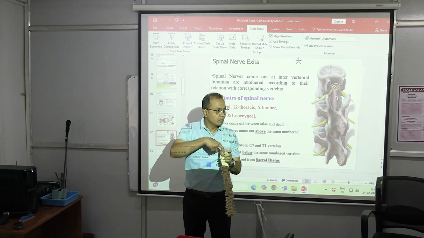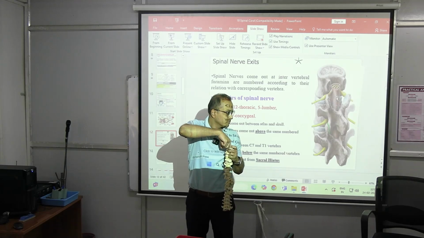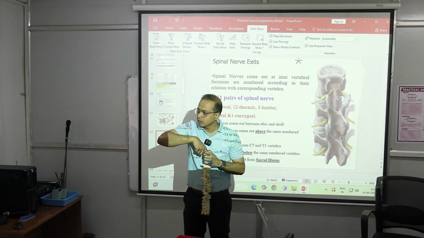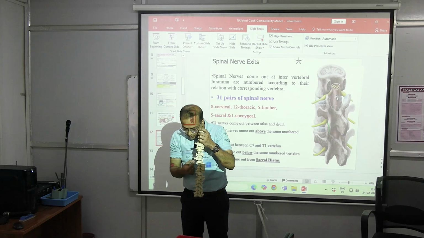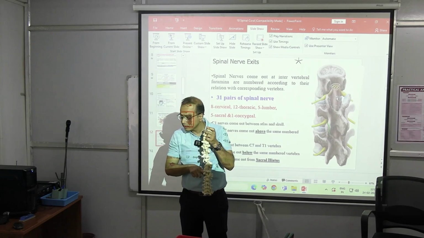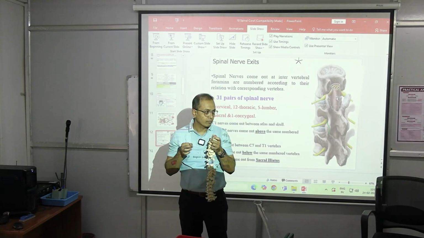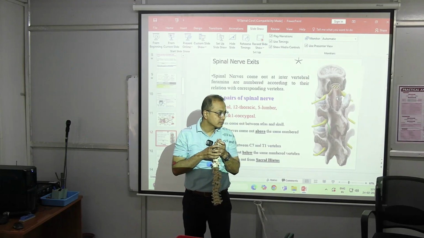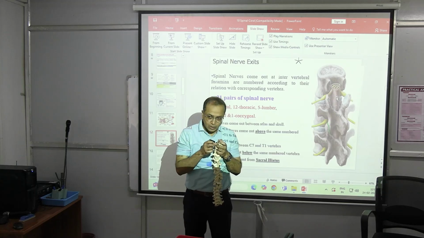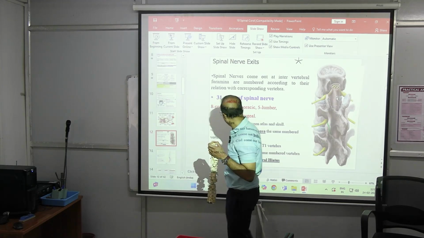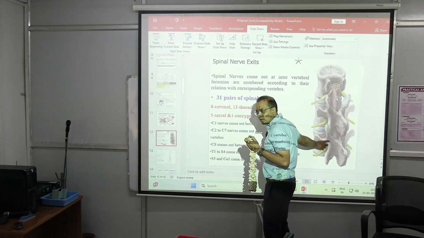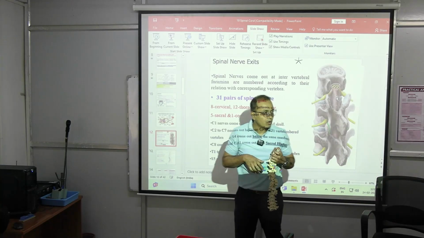So it has more space above when the spinal cord is going down. As it is going down, the diameter of this vertebral canal is shrinking. What does it mean? So chances of compression are there. So less room is there for the spinal cord and the spinal nerves in the lower part of the vertebral column.